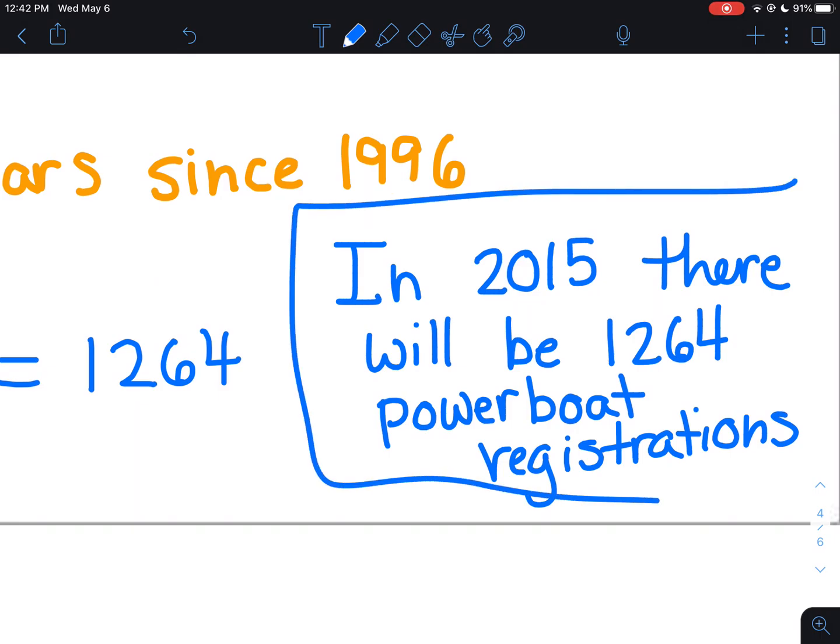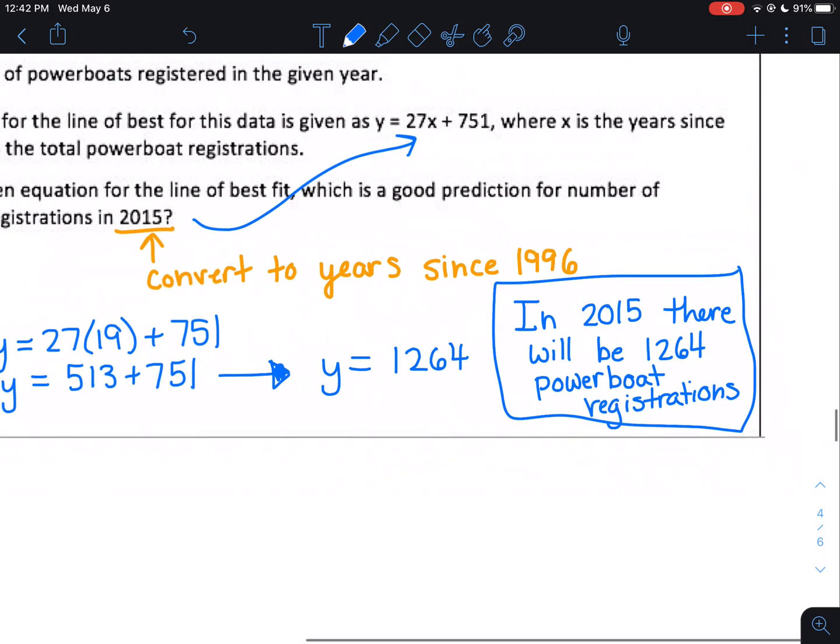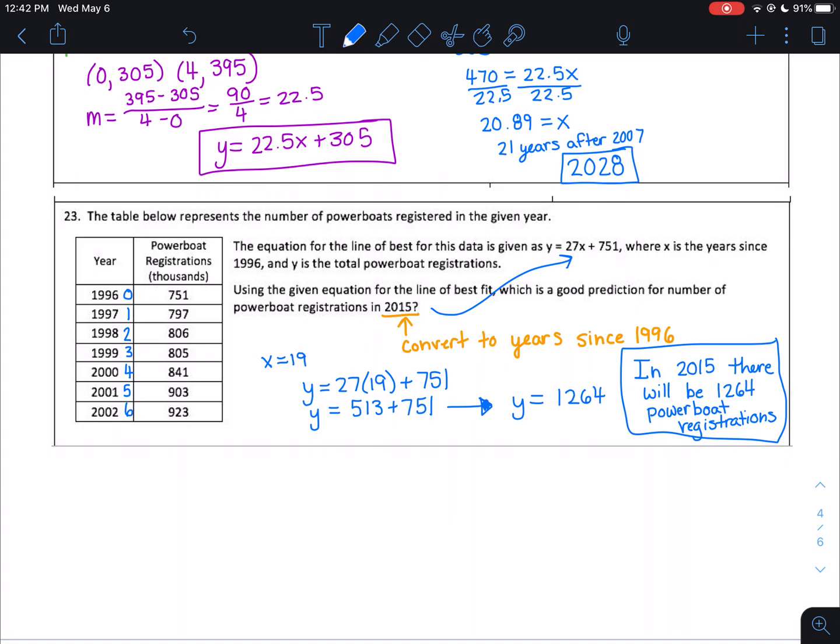So again, we are using data that we've collected, finding a general pattern, that's the line of best fit, okay, a linear pattern, and then we're using that equation to help us make a prediction.